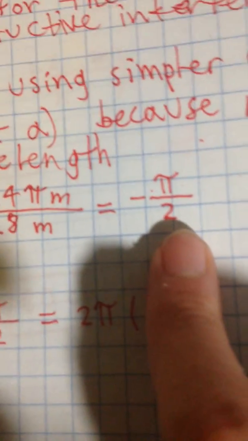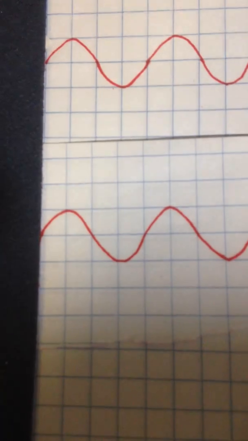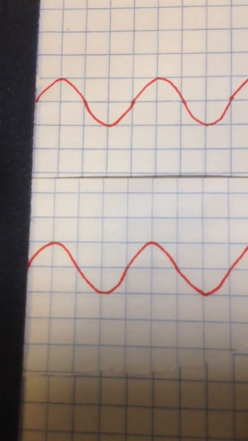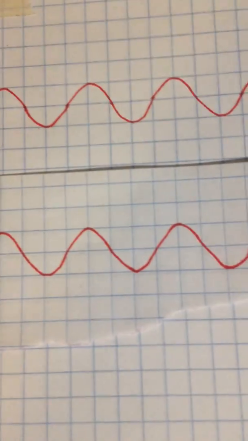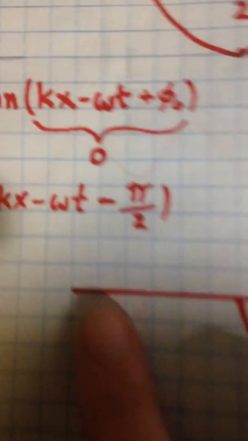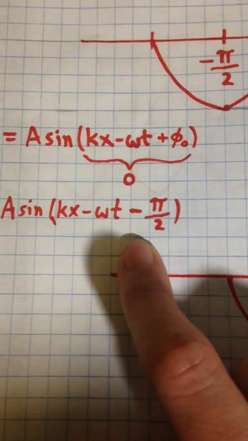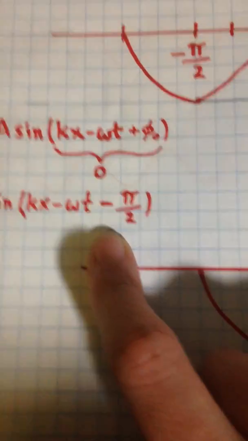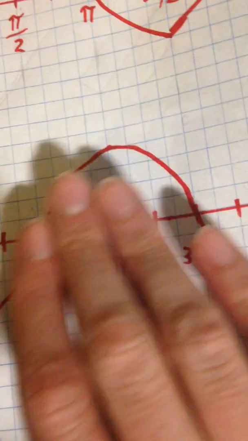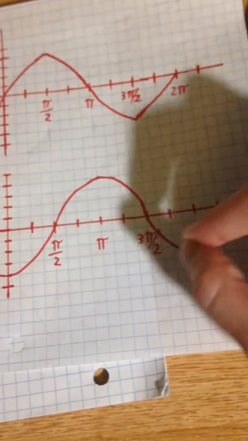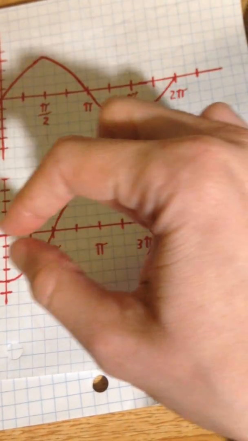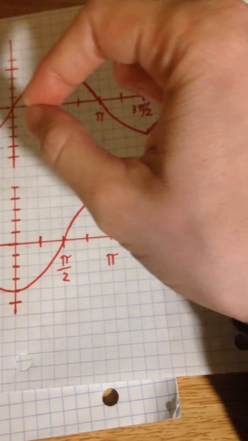Okay, negative pi over 2 means that if you have waves starting from the same position like this, and you did a phase shift of negative pi over 2, that would actually mean that you take the whole wave itself, take this whole little wave, and shift it up pi over 2.